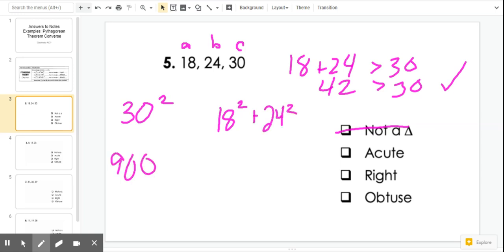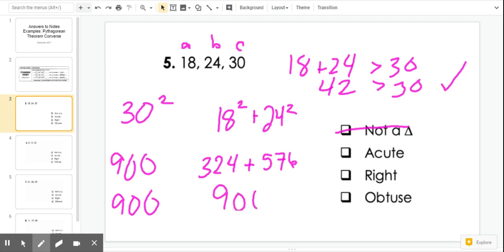Well, that's 900. 18 squared is 324, and 24 squared is 576. So this is still 900, and this happens to also be 900. So those are equal to each other, which means that it's a right triangle.